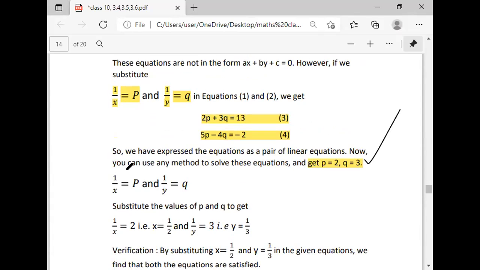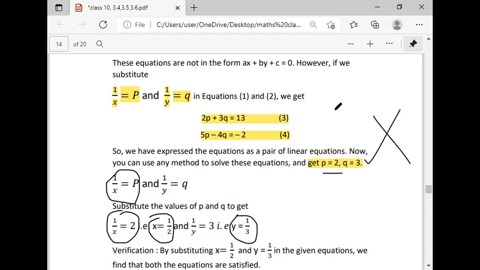We have written that 1 by x equal to p, which means what is p? p is equal to 2. That is 1 by x equal to 2, which means x equal to 1 by 2, and y is equal to 1 by 3. This will be the answer.